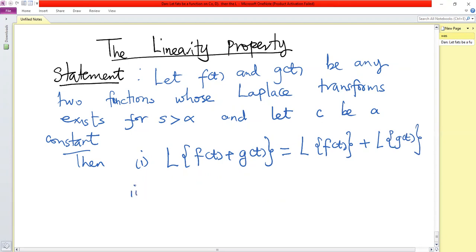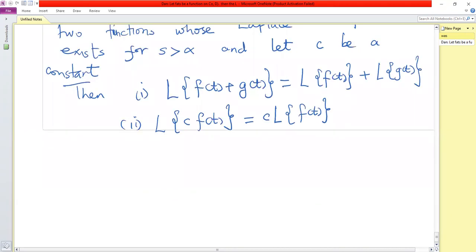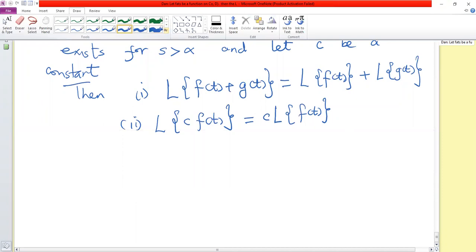And then two, the Laplace transform of a constant c times the function f of t is the same as c times the Laplace transform of the function f of t. So let's give the proof of these two properties of linearity.